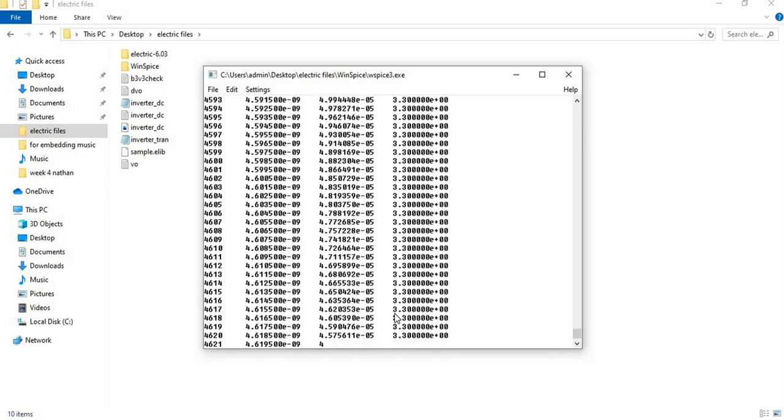Sometimes you can increase that value if you just need to determine whether your output waveform is correct or not. But if you are measuring very critical values, then you need to have your step size as small as possible so that you'll be able to measure accurately.